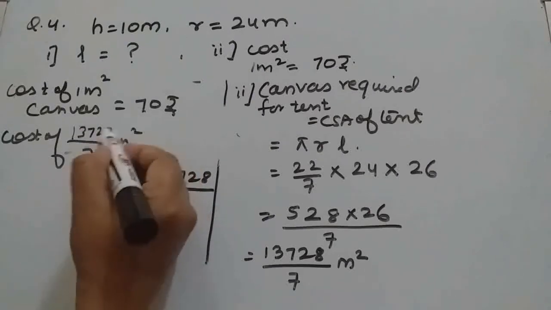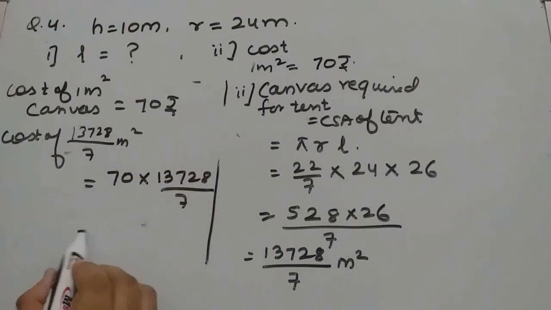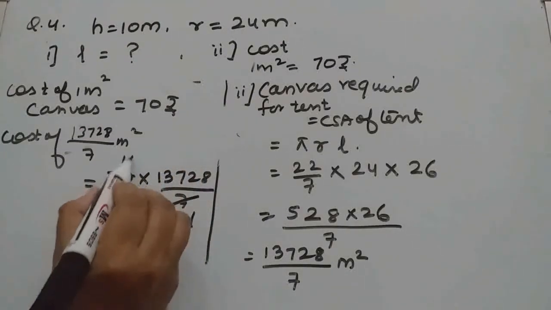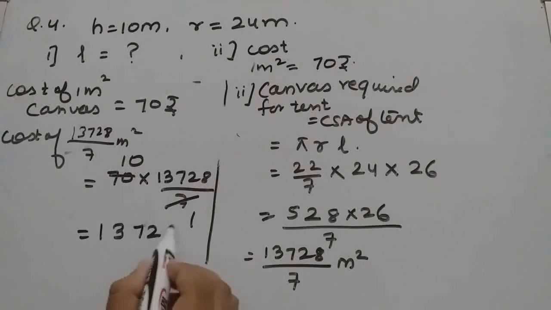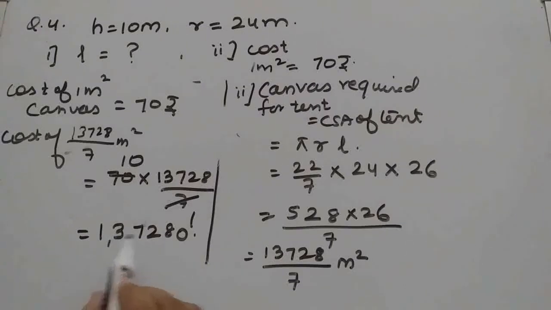These two numbers we should multiply here. So 7 will go with 70. That means final answer is 137,280. Okay, 1,37,280 rupees we should require to make the conical tent.